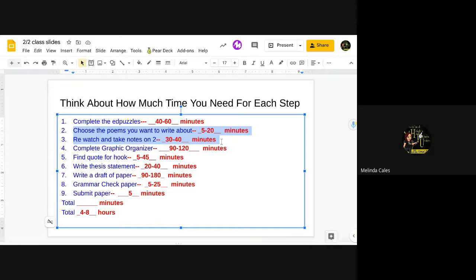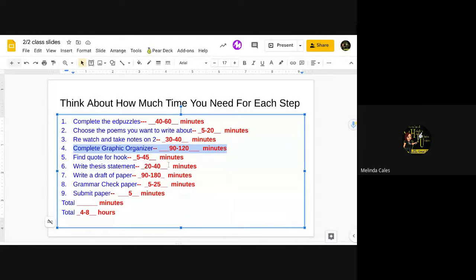So Monday, I'm going to choose the poem I want to write about and rewatch and take notes. On Tuesday, I'm going to complete a graphic organizer on it, maybe do a little bit more research on those poems, see what other people have to say about what some of the symbolism might be in it, what the tone is, those kind of things.